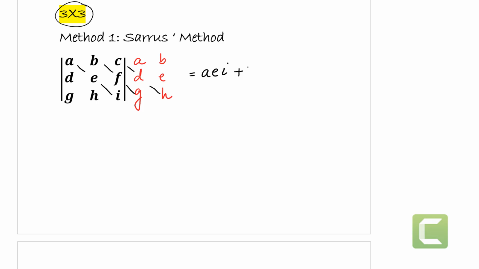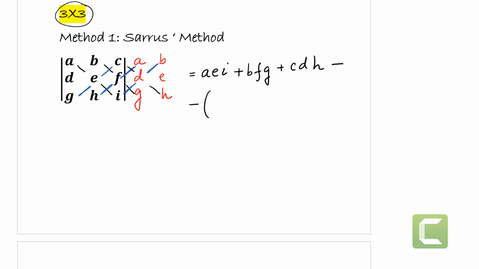So basically BFG plus CDH minus, that's minus from the definition, and now we do the same with the secondary diagonal, which is CEG, and all the other ones that are parallel to it.